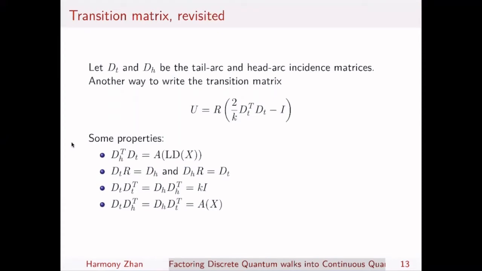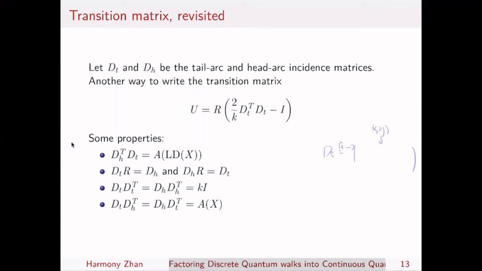And you can probably guess what they are from the name. So let me explain D_T. In D_T, the rows are indexed by the vertices, let's say a, okay? And the columns are indexed by the arcs, (x, y). So this is a fat short lying down matrix.